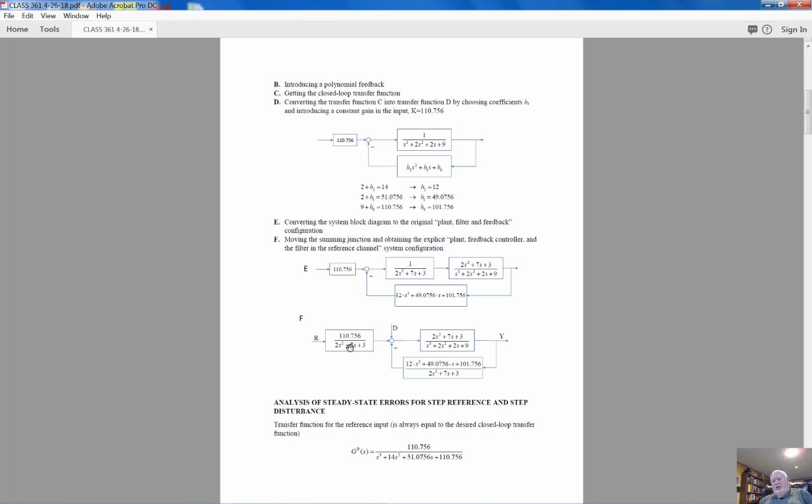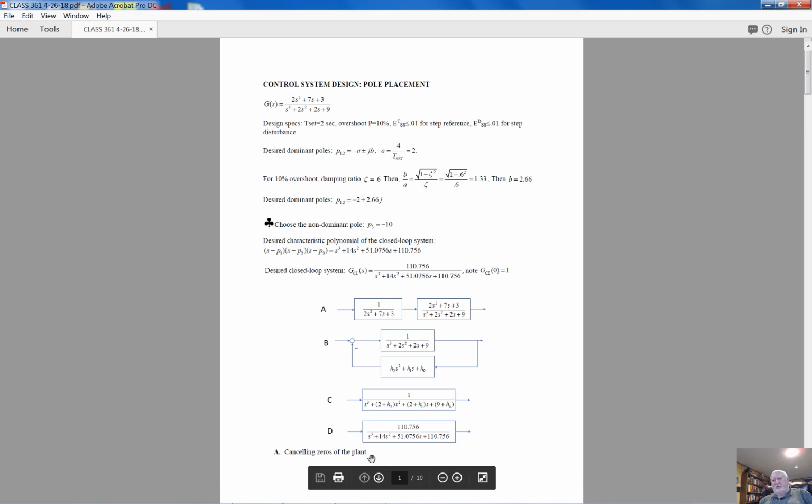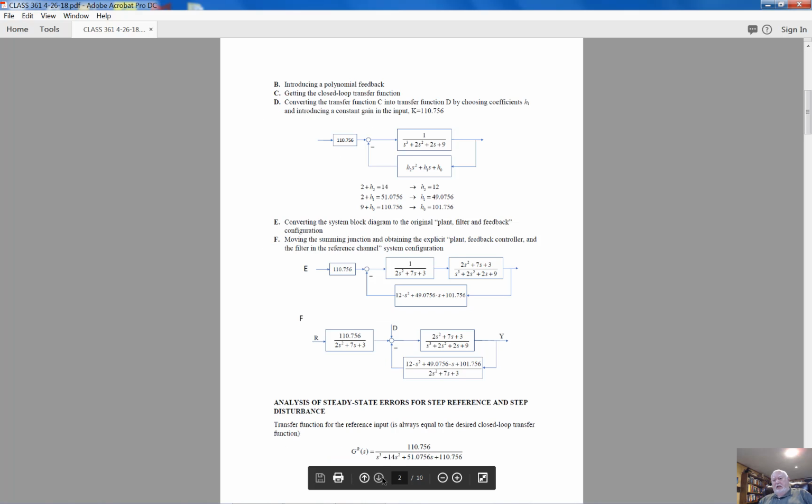And if you don't believe me, you have to reduce this diagram, and I'm sure you will get exactly what our intention was. You will get this transfer function, this one. Now, take a look at the schematics. The original closed loop system transfer function is done for the reference input, but there is also a disturbance input. And unlike reference, disturbance is applied directly to the input of the controlled plant.